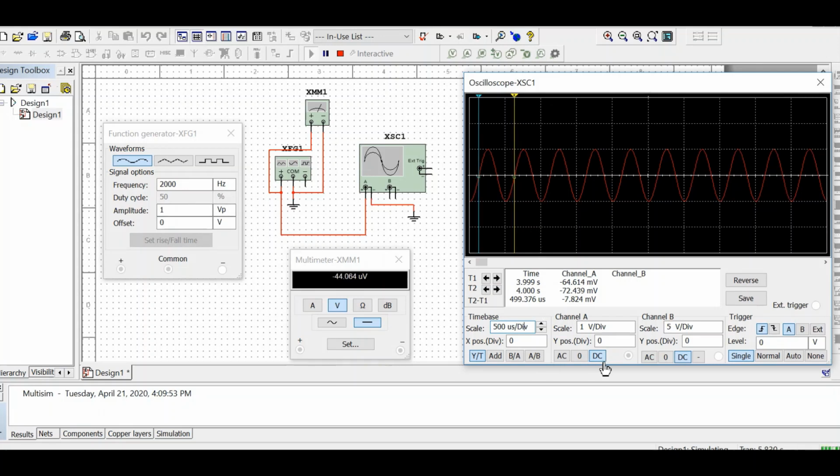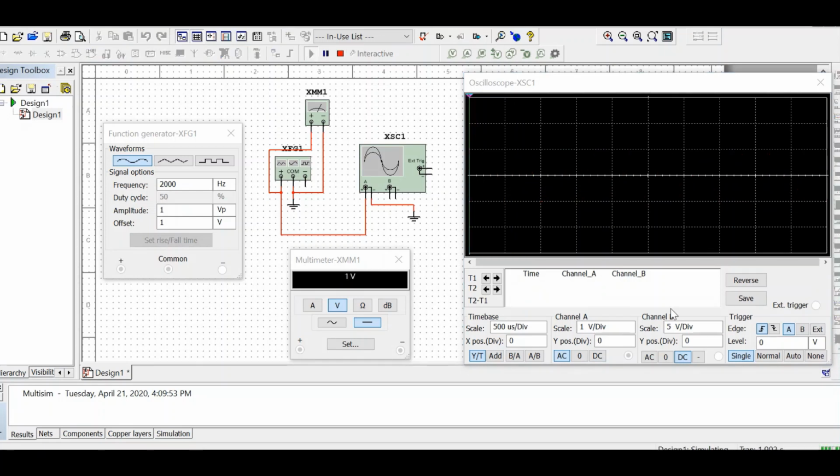The other thing is the DC and AC. If you want the DC offset of 1 volt, which is in our experiment, you have to keep the knob at DC, or if you keep it at AC, it will not show you anything.